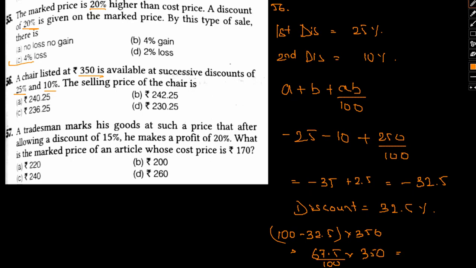That would give us rupees 236.25 as our answer. Okay, option C will be the correct answer. So I hope it is clear to you again. Having said that, we'll move on to number 57 now.